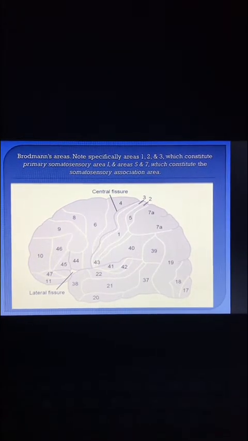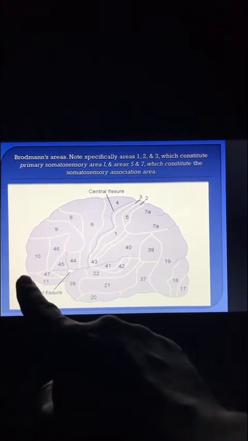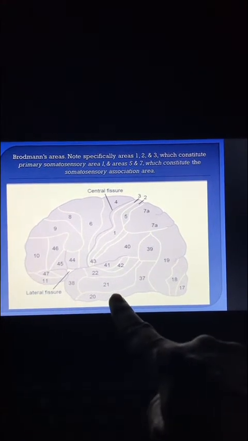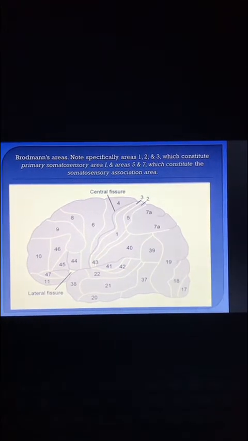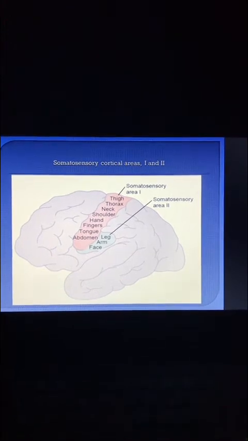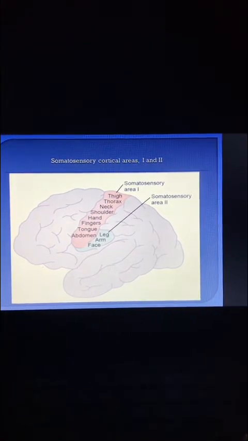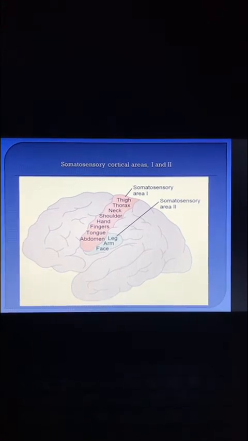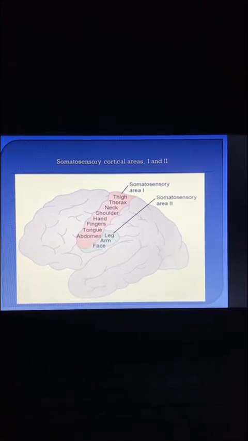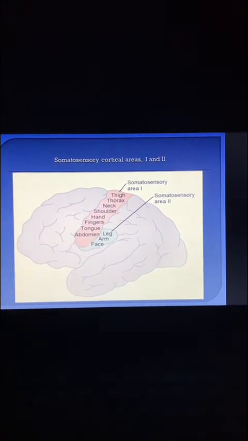This is a lateral view of the brain. Of course, this is the frontal lobe, temporal, occipital, and parietal. Here are the somatosensory cortical areas 1 and 2, and the body regions represented in them as shown.